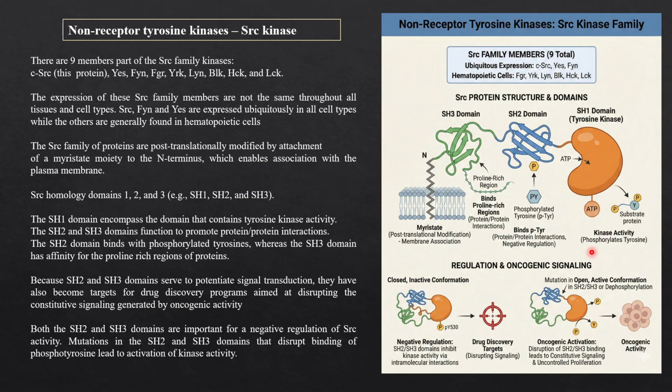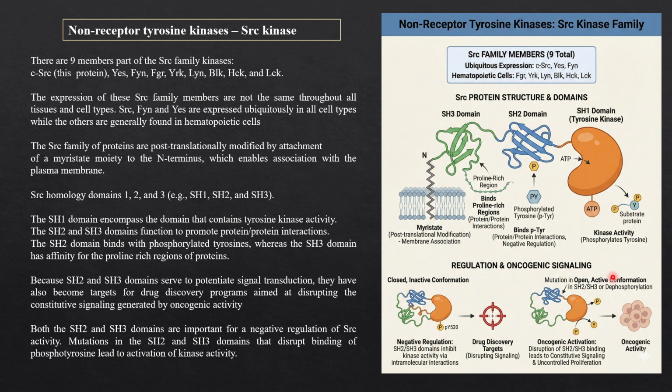When these regulatory interactions are disrupted, either by mutations in the SH2 or SH3 domains, or by dephosphorylation of the inhibitory sites, the SRC shifts into an open and active conformation. In this state, the kinase becomes constitutively active and continuously phosphorylates the downstream targets.